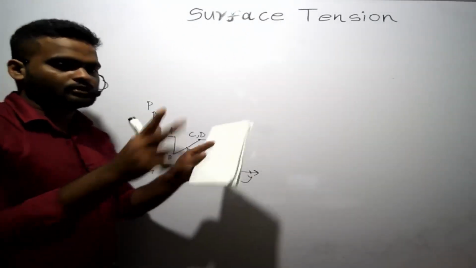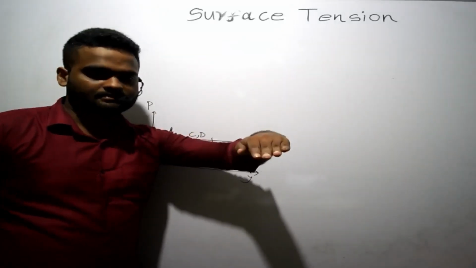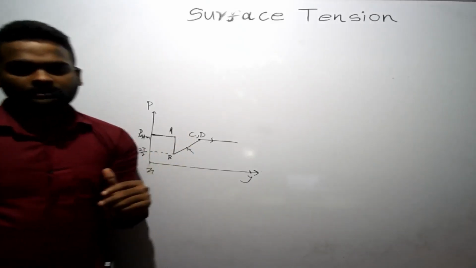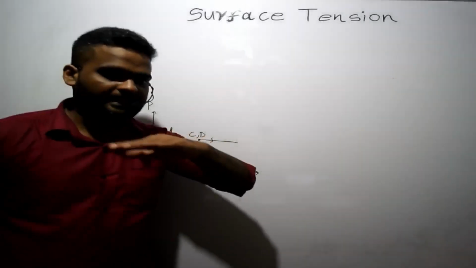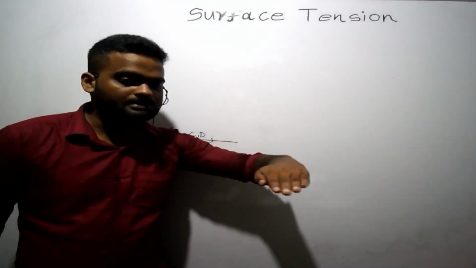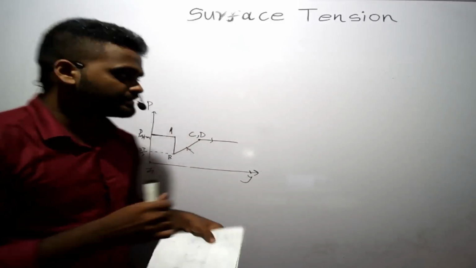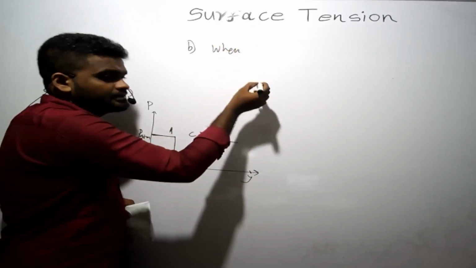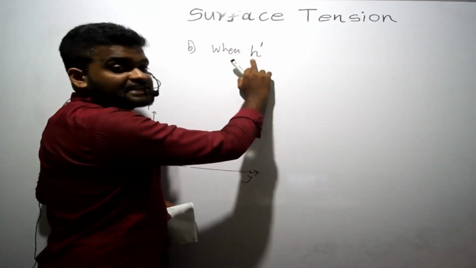Okay, so that's all about when the bottom meniscus is flat. You drew the graph, right? Thumbs up. Okay, so simple A case, that is when the bottom is flat. Then there's another case, simple B, when the liquid column is H dash.